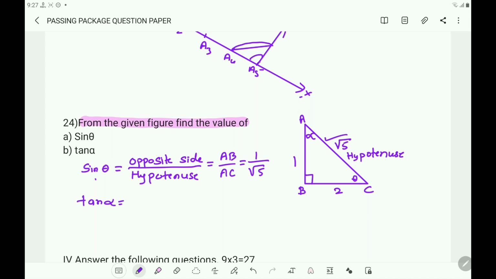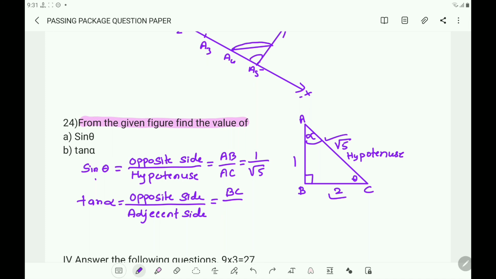Next, tan alpha. Tan alpha is equal to, you know, opposite side by adjacent side. For alpha, which is the opposite side? Opposite side is BC. And which is the adjacent side? Adjacent side is AB.